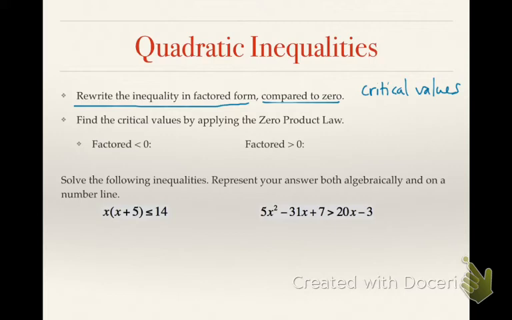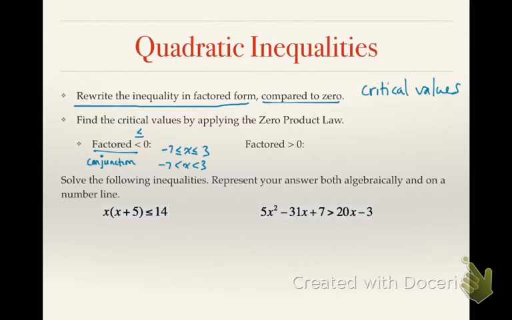Now, just a few things to note. Whenever you have something factored less than 0, or less than or equal to 0, we're always going to end up with a conjunction. Our answer is always going to be like this: negative 7 is less than or equal to x is less than or equal to 3, or negative 7 is less than x less than 3. We're going to have a conjunction.